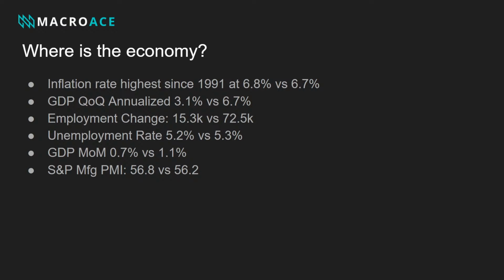So you did see a tick towards the downside there on the unemployment rate. GDP was slightly lower than expected at 0.7% for month on month versus 1.1%, and the S&P manufacturing PMI came in slightly higher than expected at 56.8 versus 56.2.